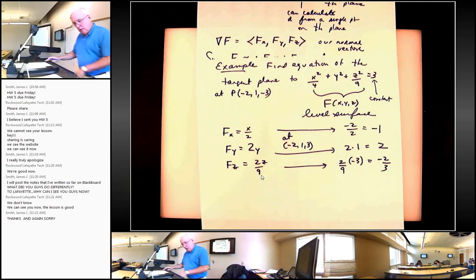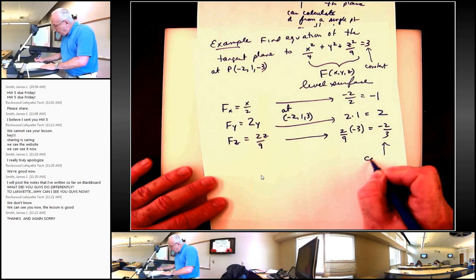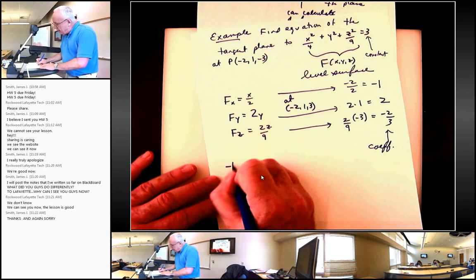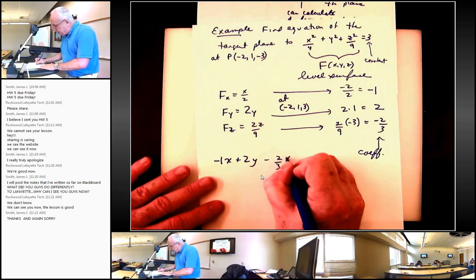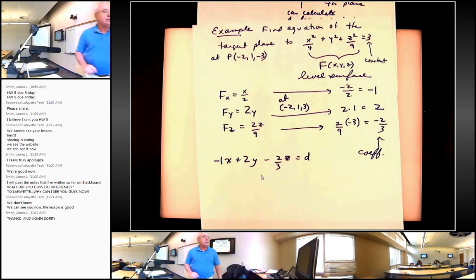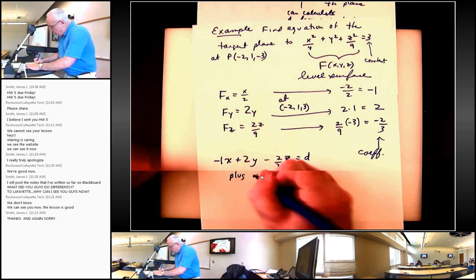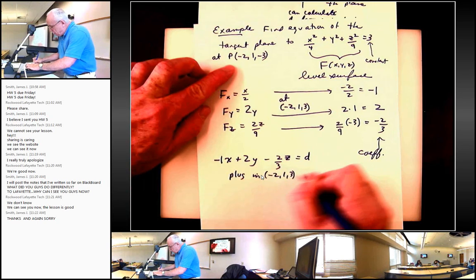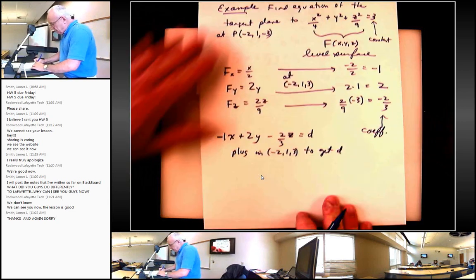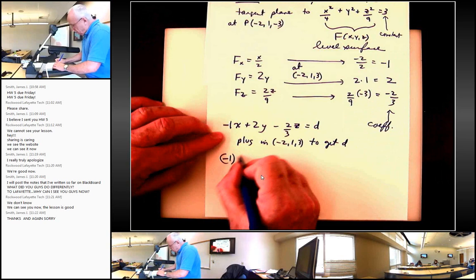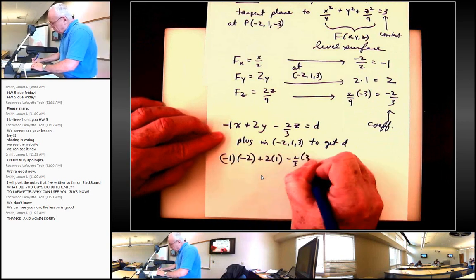Okay. So therefore we get this. These are our coefficients. So we have -1 times x plus 2 times y minus 2/3 times z equals some number d. And then we plug in -2, 1, and -3 to get small d. So that's going to be -1 times -2 plus 2 times 1 minus 2/3 times -3.